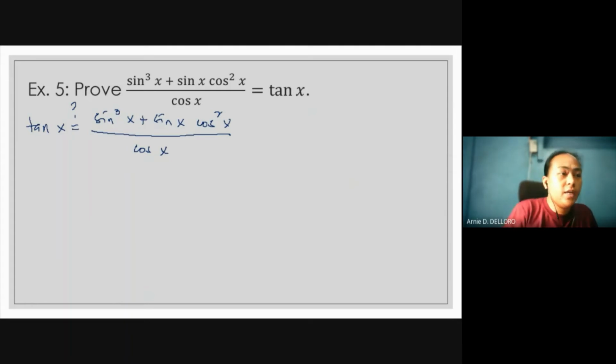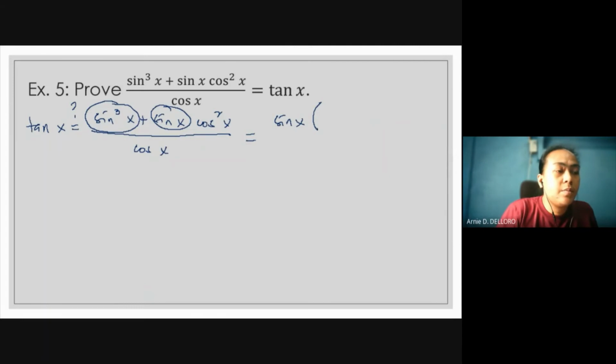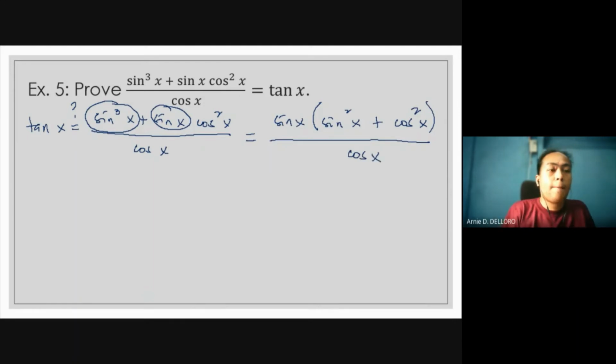At yung common factor nila ay yung sine x. So it follows we can factor out sine x in this case. Ibig sabihin, we have, dito ko na lang para feeling ko kasi mahaba yung solution. So we can factor out sine x, okay, times, kapag nilabas natin yung isang sine x dito, this will now be equal to sine squared x, plus, nilabas natin yung sine x, matitira cosine squared x na lang. Okay? All over cosine x.